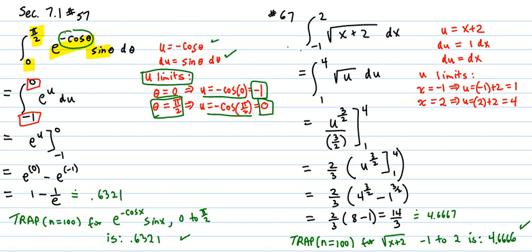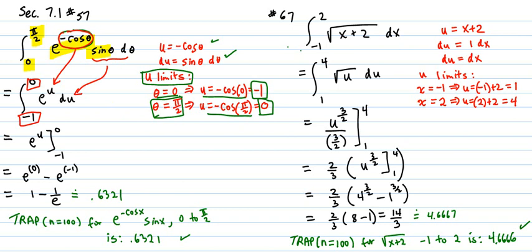And you have your negative cosine theta became the u, and the sine theta d theta became the du. So everything is switched over, and you just go from there like it's a new problem. You never have to think back at the original.